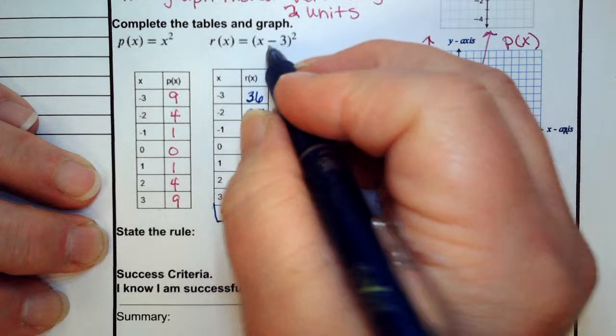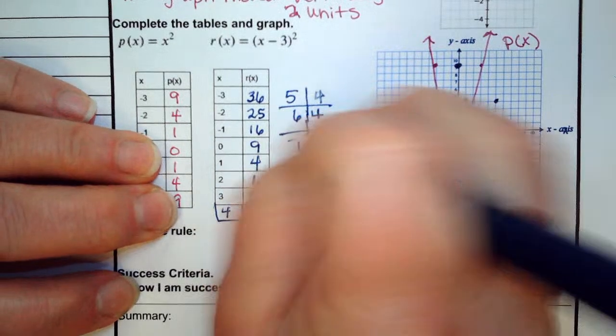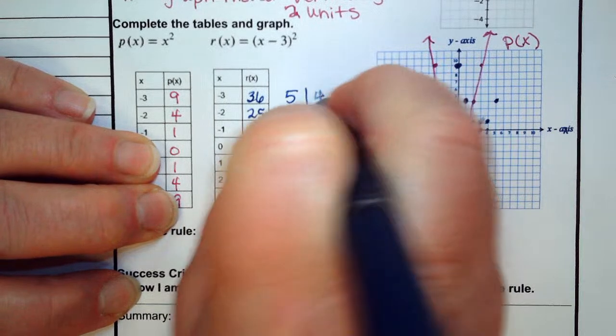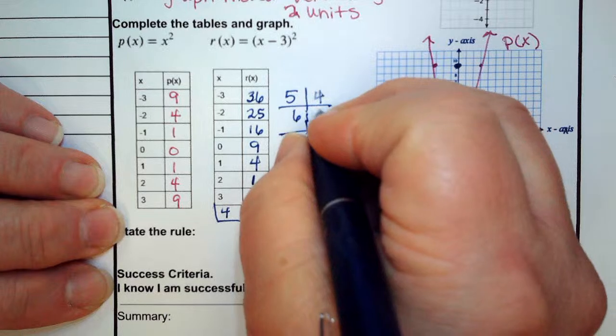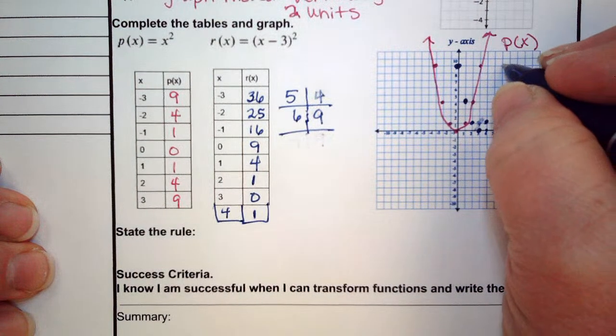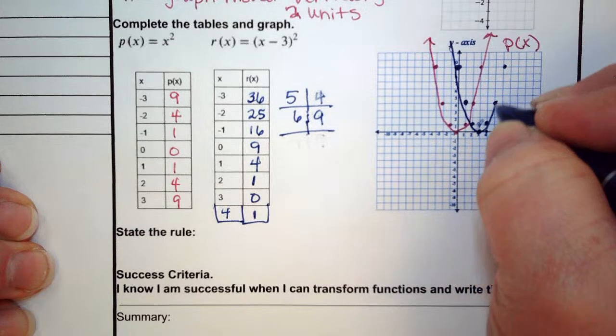Because 5 minus 3 is 2. 2 squared is 4. And this next one should be 9 instead of 4. If you caught that, good, you should have told me. 6 to 9. Okay, now I want you to take a good look at this.